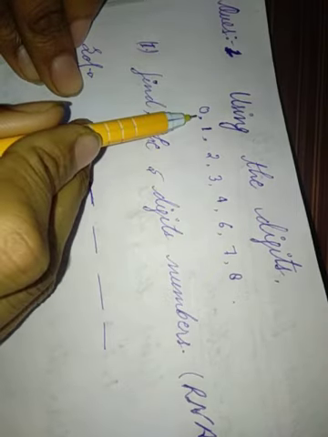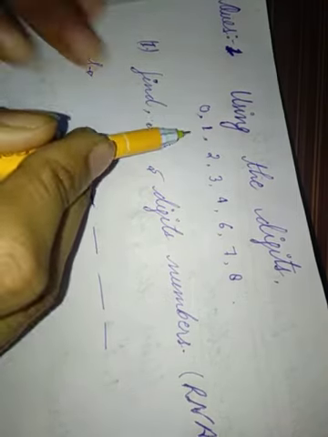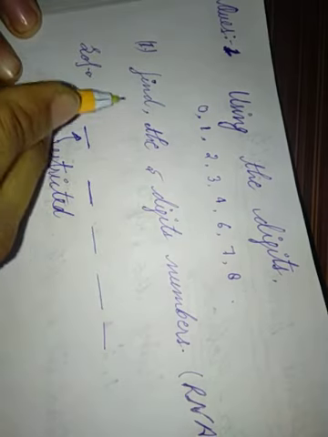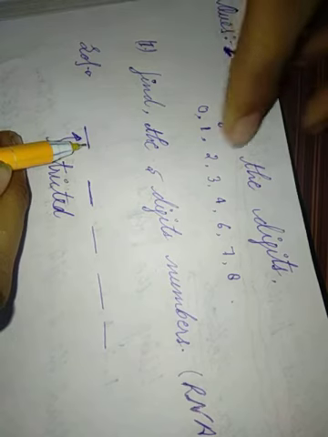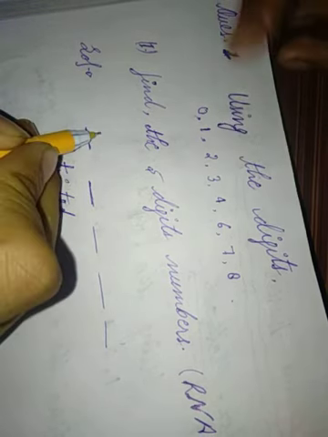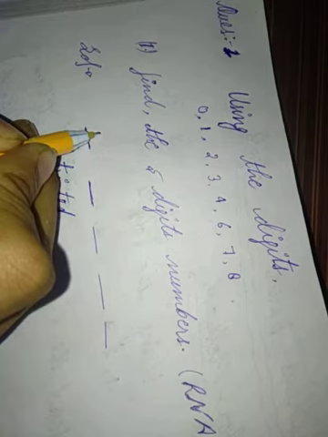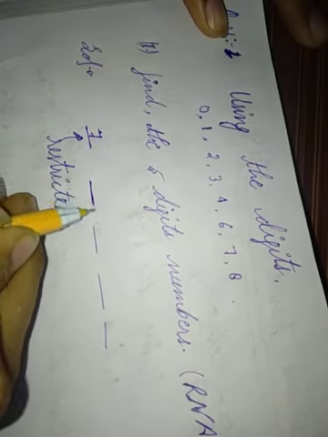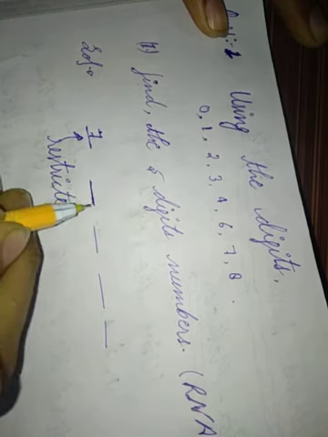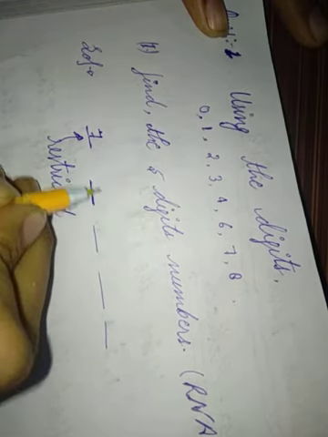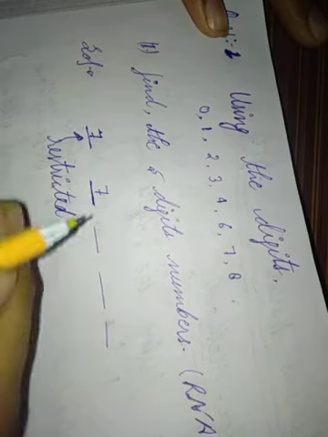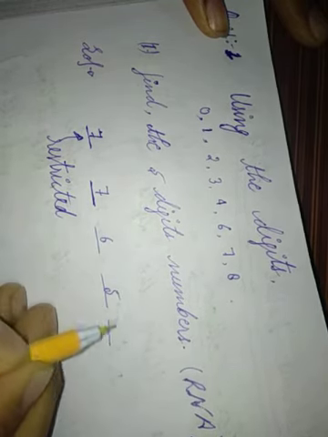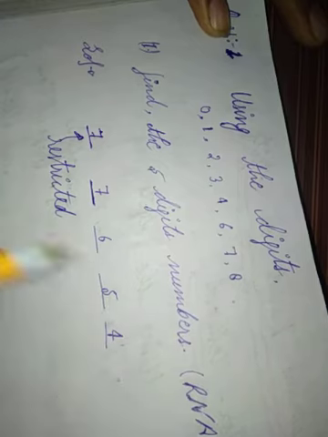Then we have 7 numbers and we have to find 5-digit numbers. So in the first box we fill 7 numbers because 0 is excluded. For the other boxes 0 is present, then we also fill 7, 6, 5, 4, because repetition is not allowed.